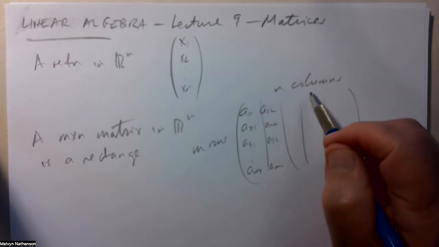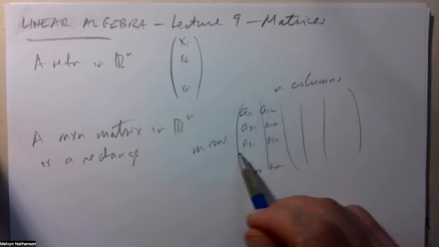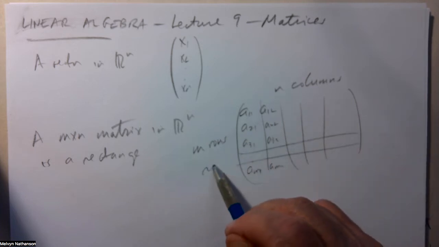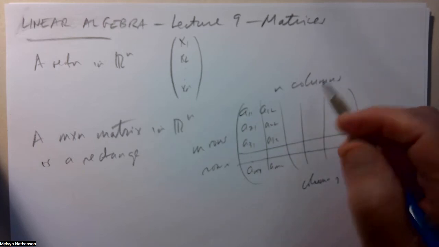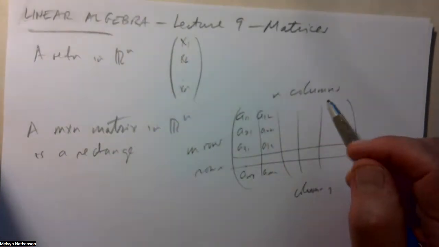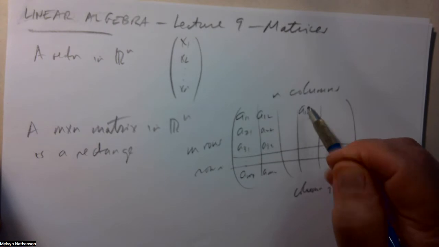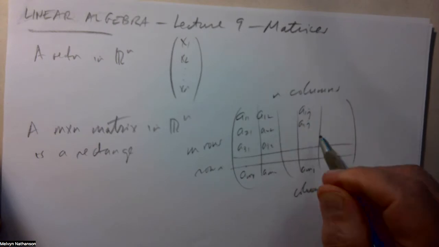In general, if you have row i and column j, in the jth column the entries are A1j, A2j, down to Amj.